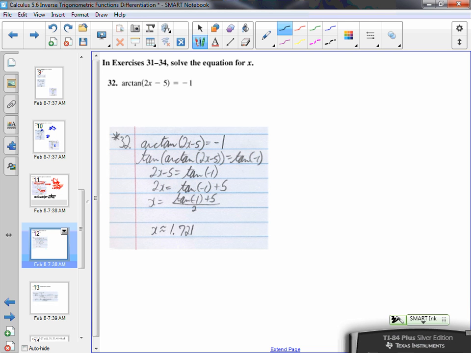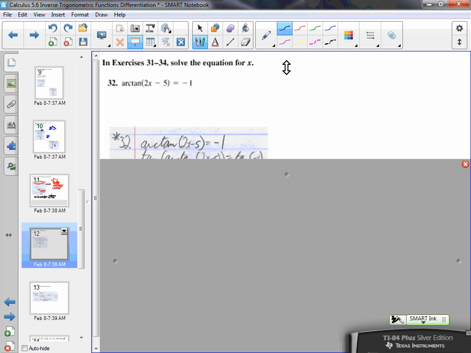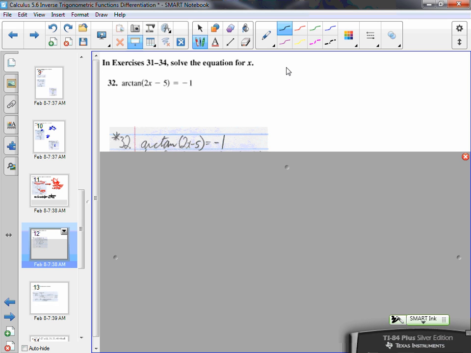Solve the equation for x. We have the arctangent of 2x minus 5 equals negative 1. So far, we've used our inverse trig functions only to help us draw those little right triangles.